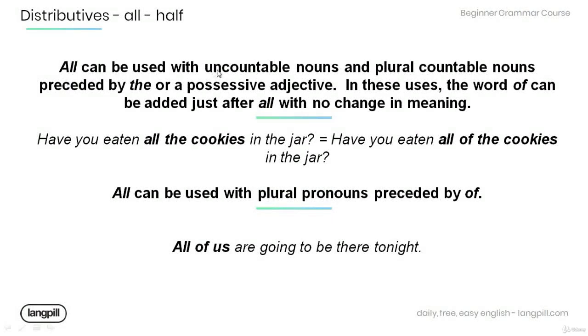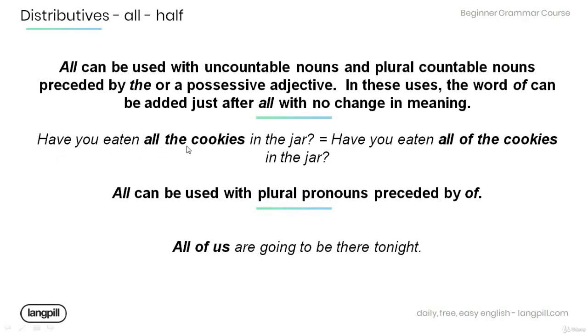All can be used with uncountable nouns and plural countable nouns preceded by the or a possessive adjective. Now, in these uses, the word of can be added just after all and with no change in meaning. Have a look at the sentence over here.